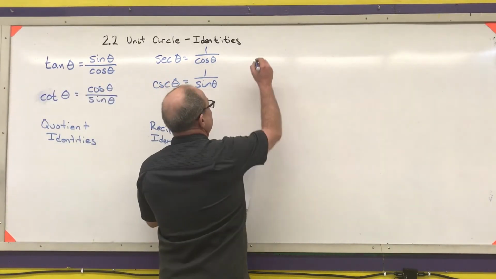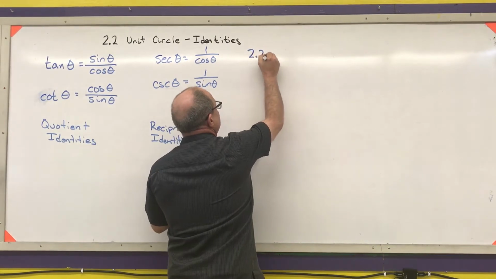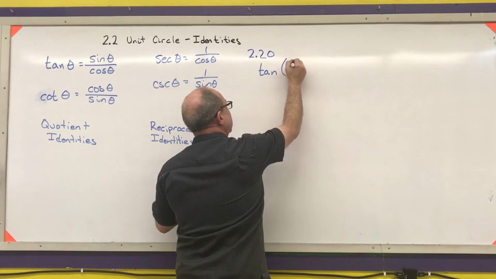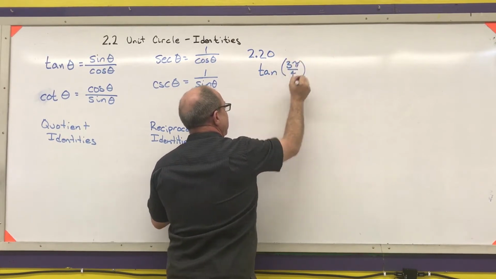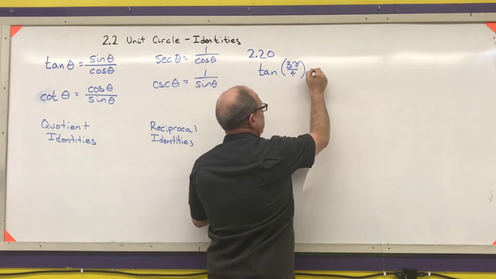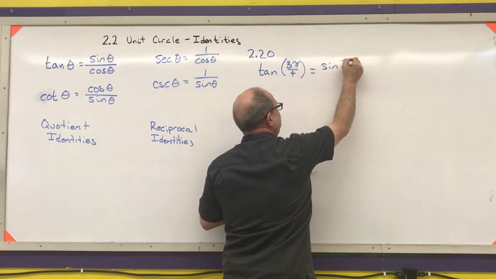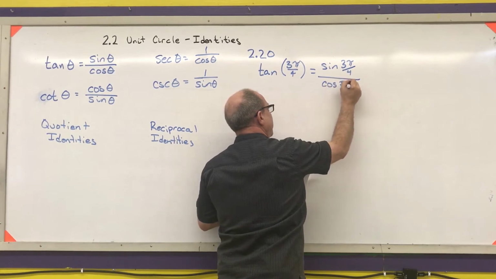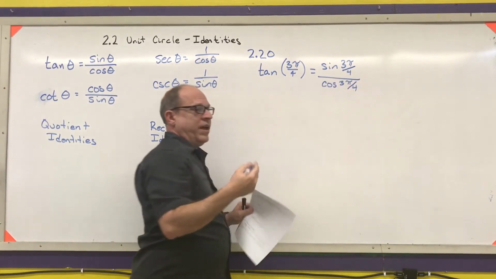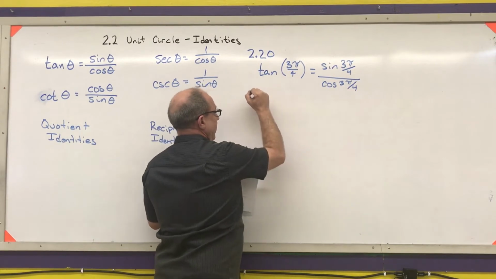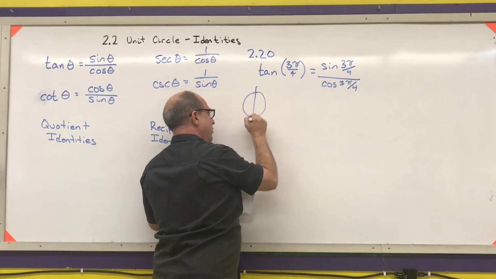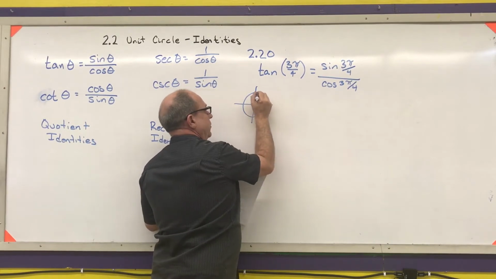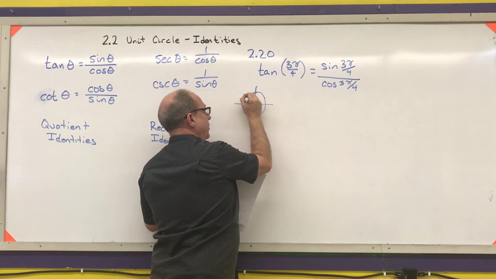For example, example 220, they want to know the tangent of 3 pi fourths. Well, I know that's equal to the sine of 3 pi fourths over the cosine of 3 pi fourths. The way I always think about it, if it's in radians or degrees, is I just draw myself a quick unit circle and figure out where my terminal side is. This is 1/4, 2/4, 3 pi fourths.